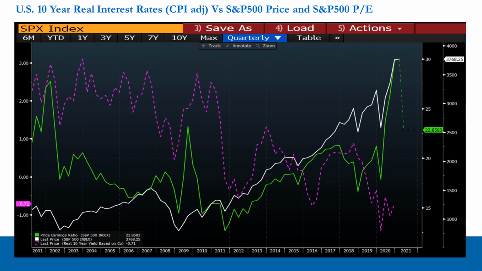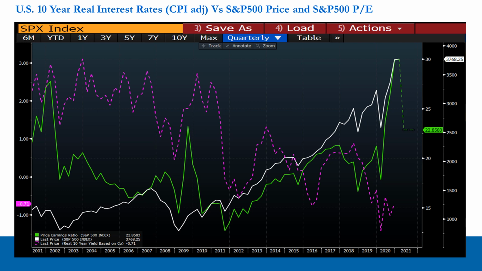And the green line, which is the actual valuation of stocks. So the price earnings ratio of the S&P 500. And if you look back at the pink line, it did a bit of work, kind of moving sideways between slightly below the 0 bound up to 1% on a few occasions in the last decade. And then in 2020, boom, it goes negative.